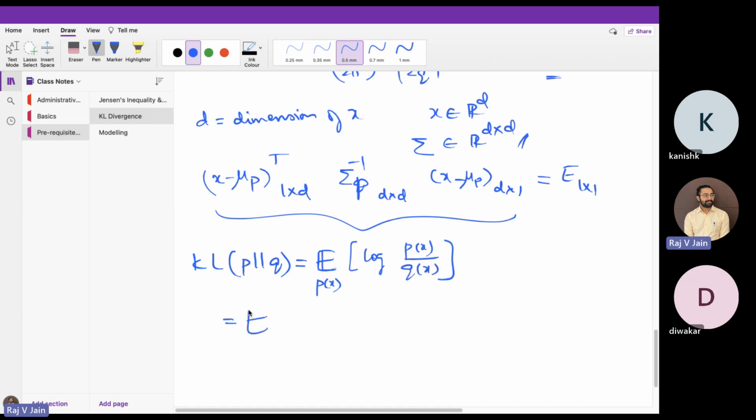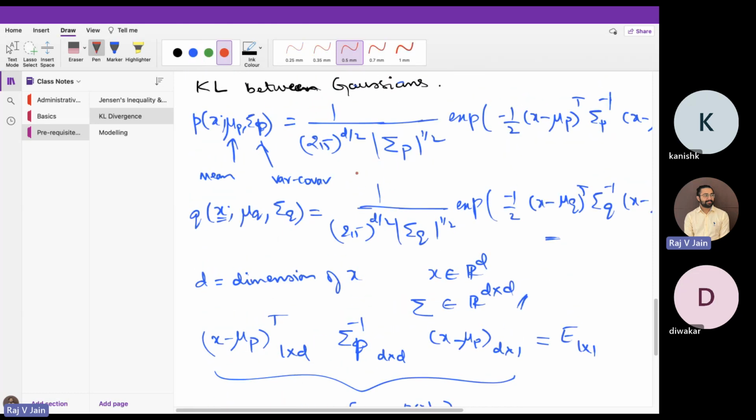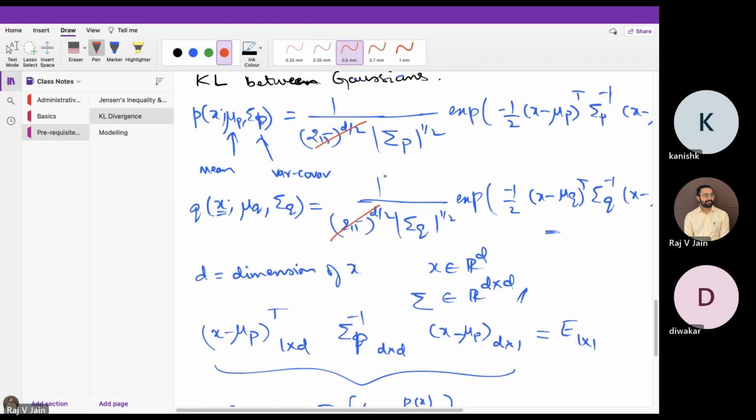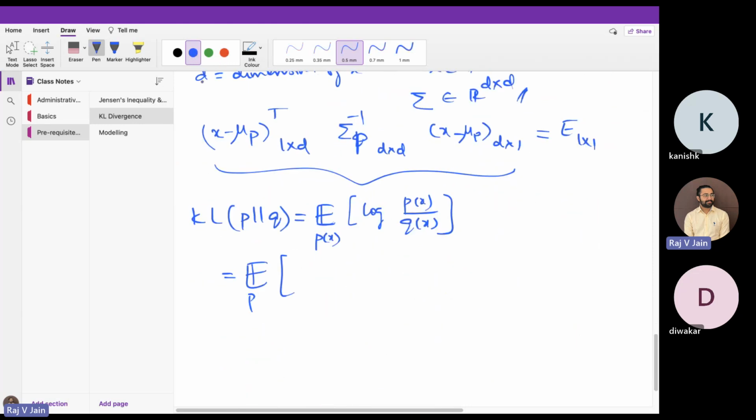So this is the expectation over P, omitting the of x for now. Log P of x by Q of x, as you can imagine, these two will just go out, and P by Q, right? So I will have sigma Q power up.